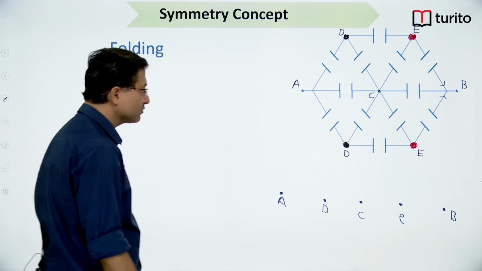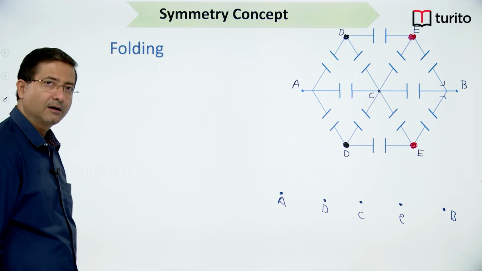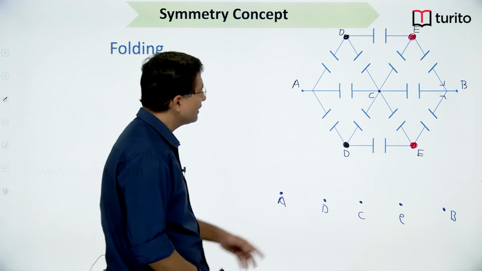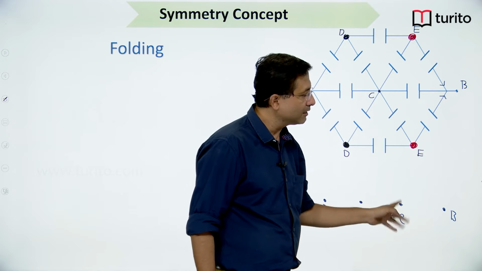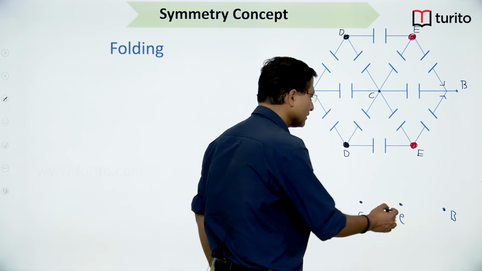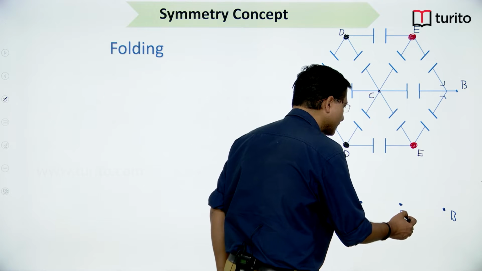So, these are the junctions we are getting in the circuit, and we are representing these two by a single point D and these two by a single point E, because they are at the same potential, right.